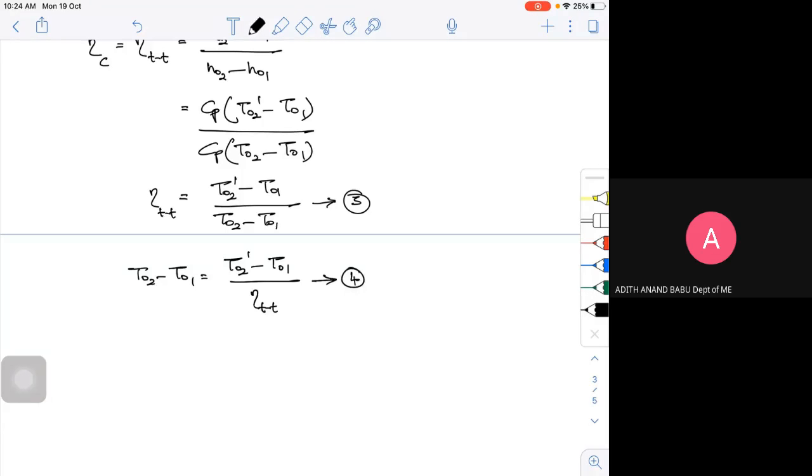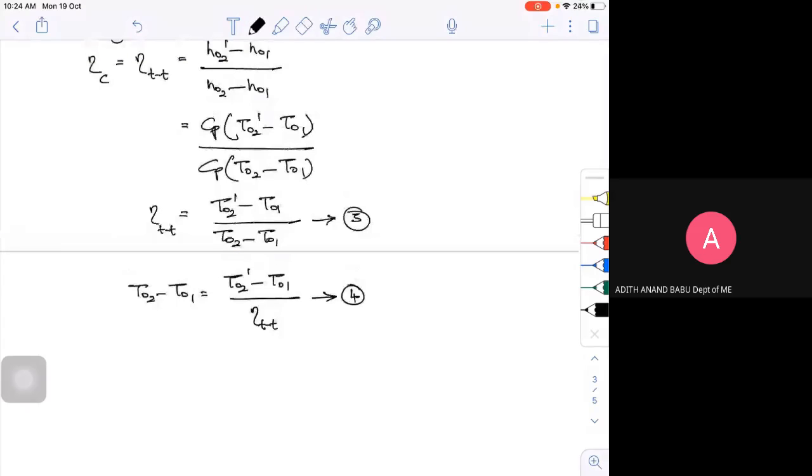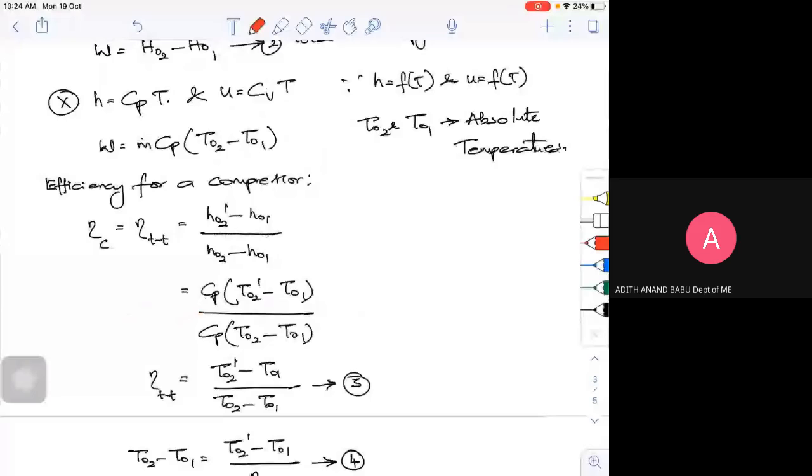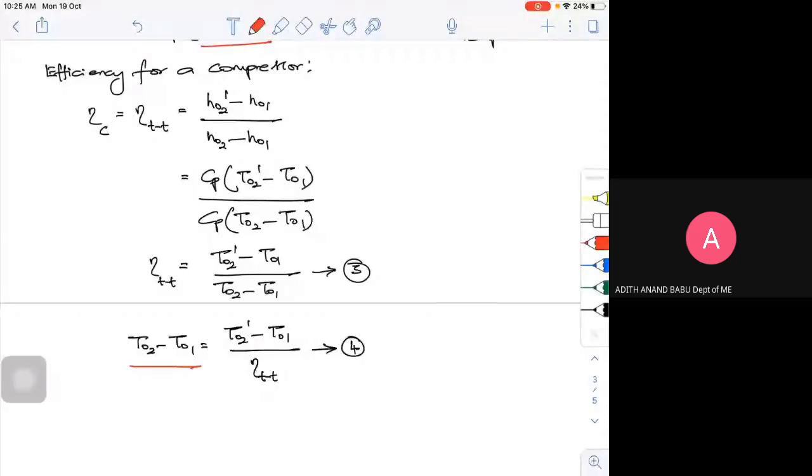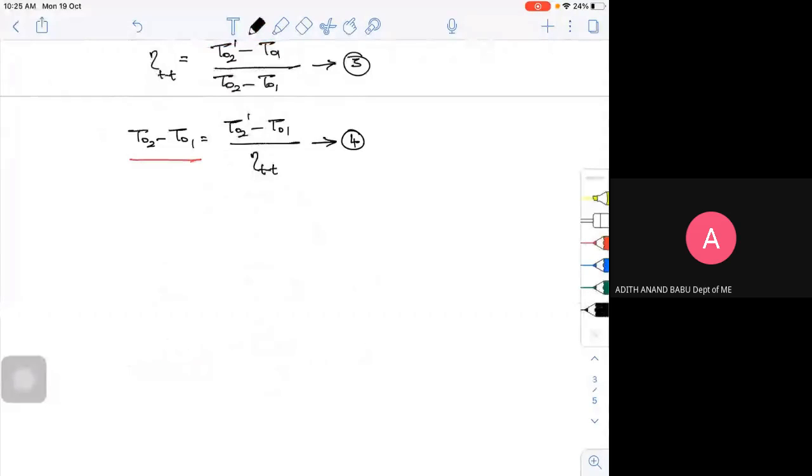Okay. Now, this is the T naught 2 minus T naught 1 that I have, and I will check it against the work done expression. So substitute the temperature change from equation 4 in my work done expression.